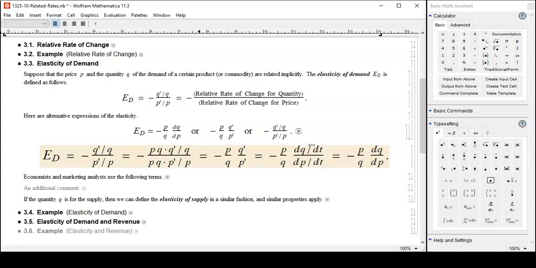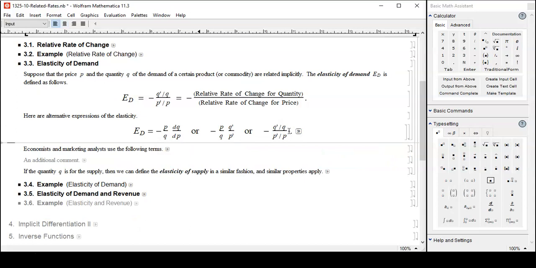As a matter of fact, this simplification may look algebraic, but deep down, it's the chain rule. It's due to the chain rule that I can cross these out and get this cancellation. In any case, we completed the proof. But if you're not too much into the proof, it's okay. At least remember this. This is the definition, but here is a simplified version, and here is another manipulation.